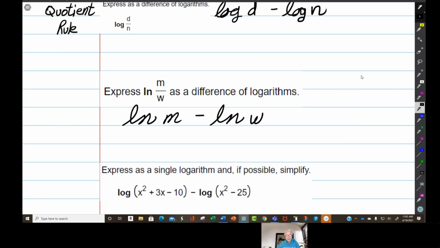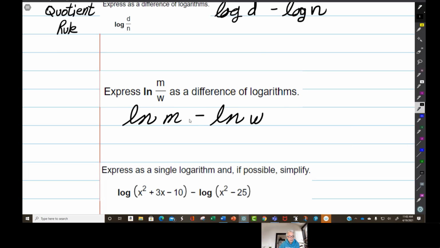Now is when it starts getting a little more difficult, and then it builds to a lot more difficult. You'll be glad to know. However, we're going to keep using these three rules of logarithms.